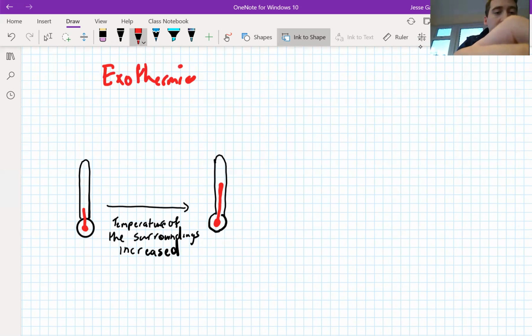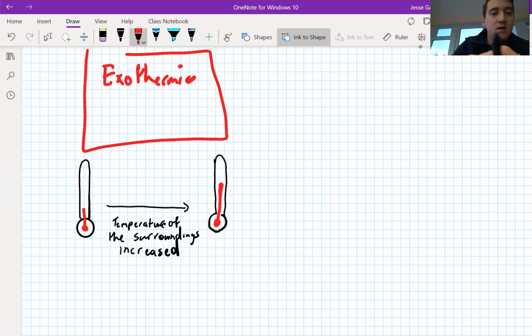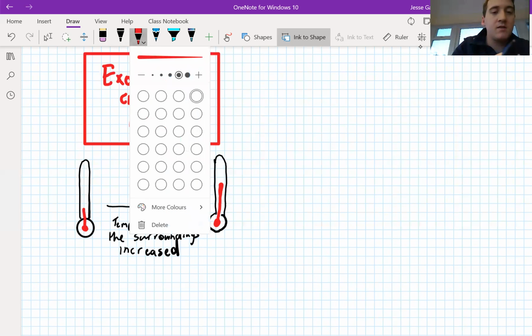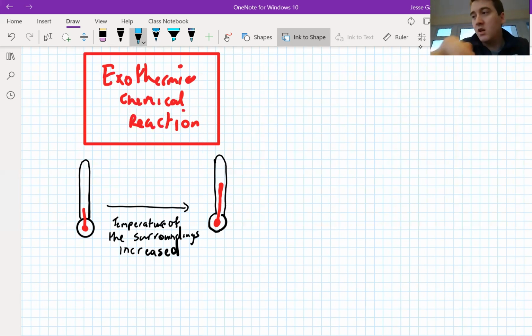So why do they do this? This is an exothermic chemical reaction. They do this because energy is taken in to break the bonds. And I'm showing this using an arrow. As you can see, the arrow is quite short.